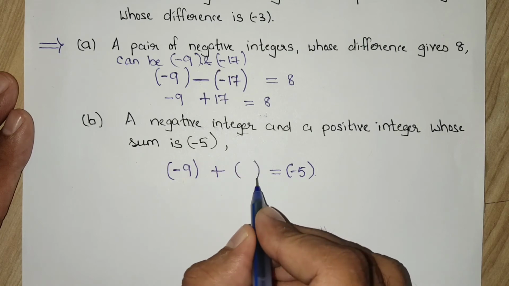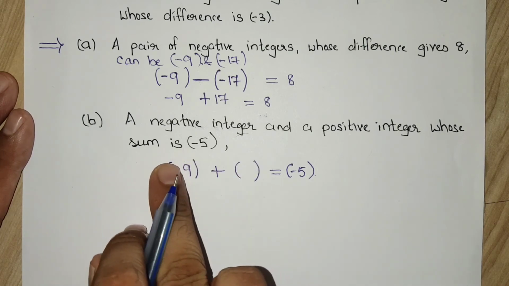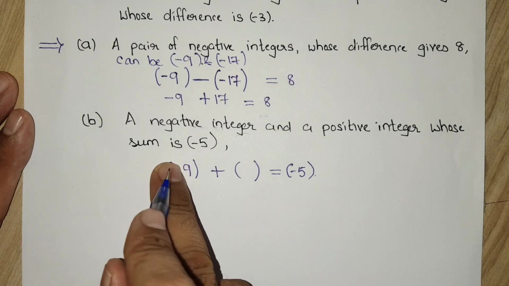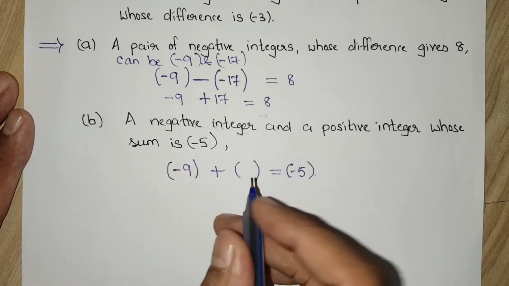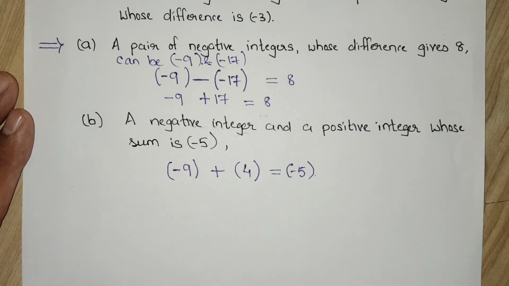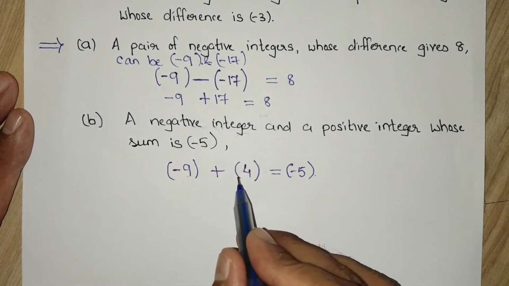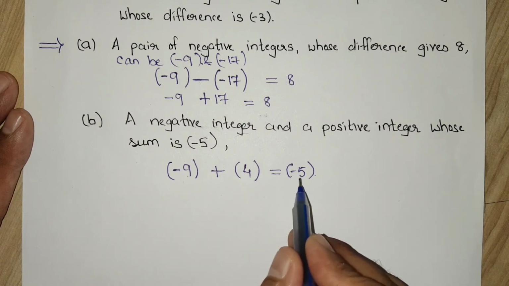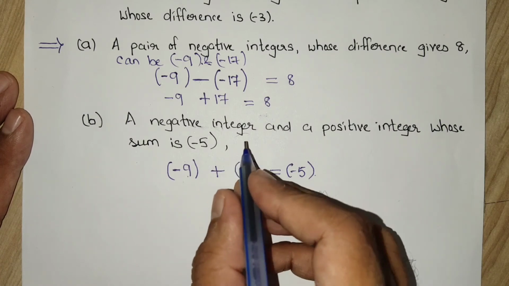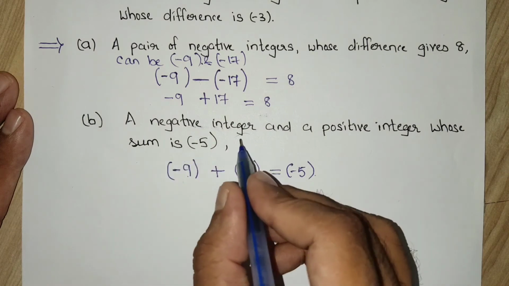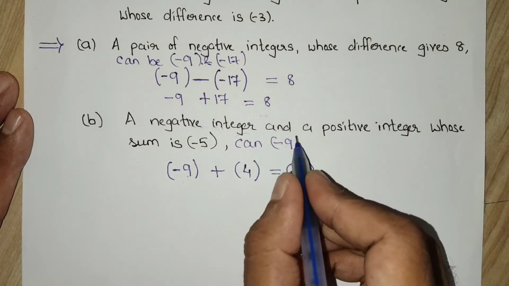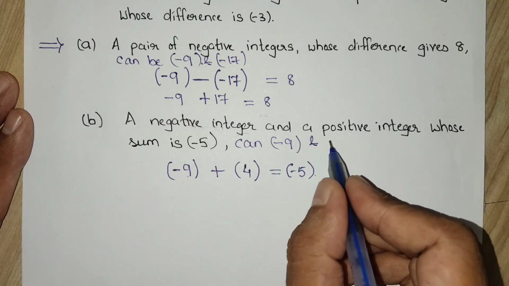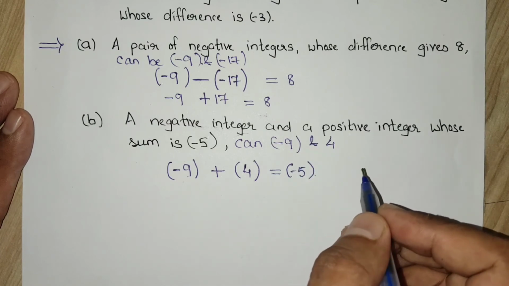Tell me, what should I take? Subtract one integer from 9 such that you get 5 as numerical value. Definitely it will be 4. Now see, minus 9 plus 4 will give me minus 5. So our answer can be minus 9, one negative, and 4, one positive.